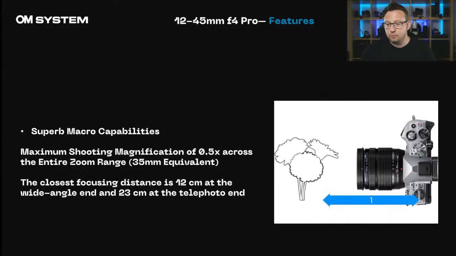So effectively, in terms of focusing distance on the wide angle end, you're looking at about 2.5 to 3 centimeters from the front element. And then when you're at the telephoto end at 45, you're probably looking at around 10 centimeters or so from the front element. So super close focusing that you're able to get with this lens.